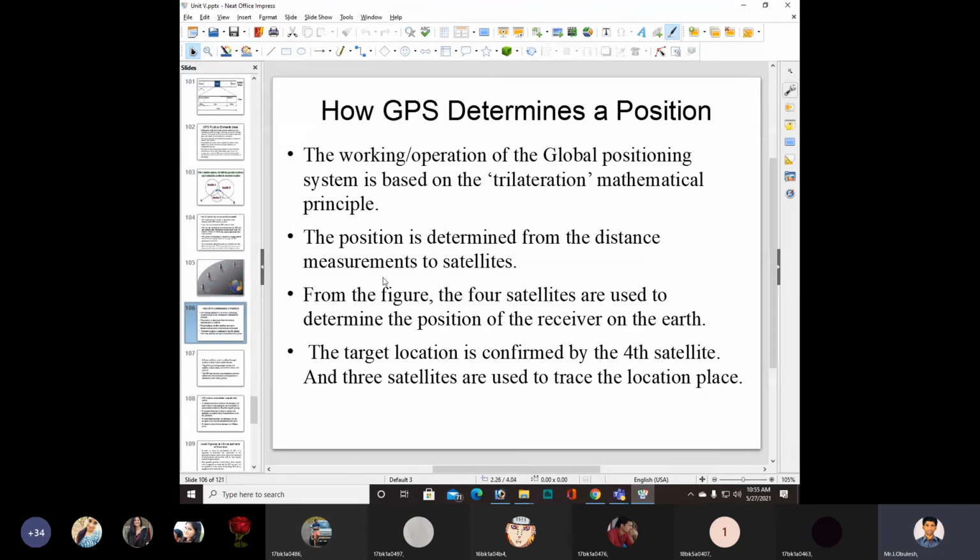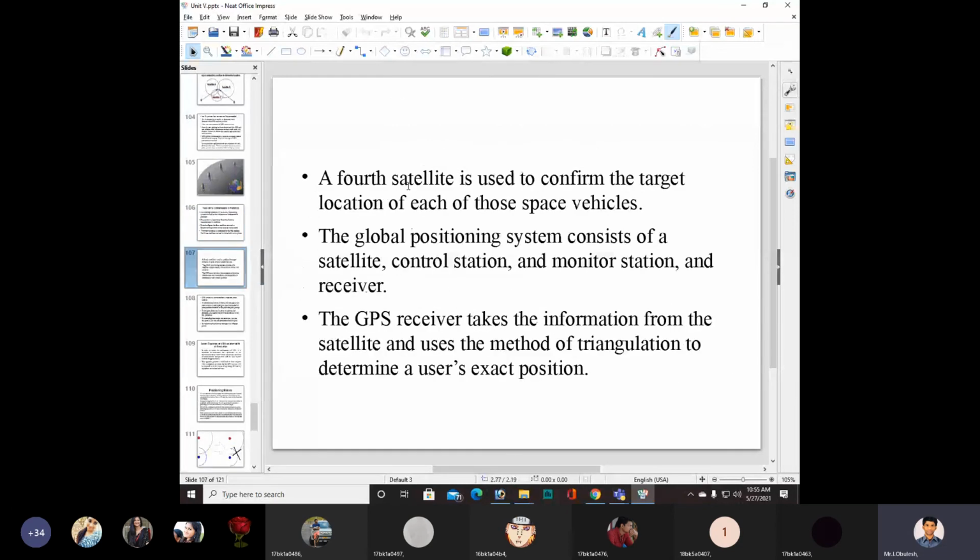The target location is confirmed by the 4th satellite, and 3 satellites are used to trace the location. The 4th satellite is used to confirm the target location.